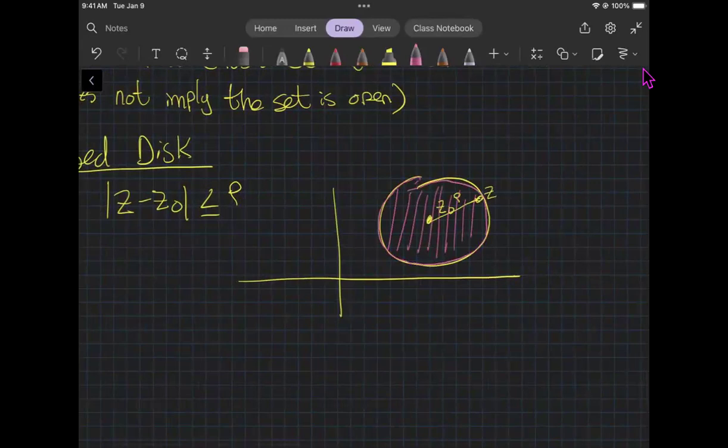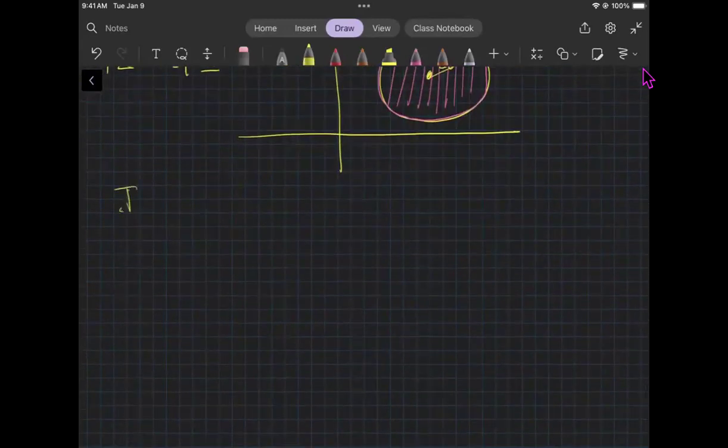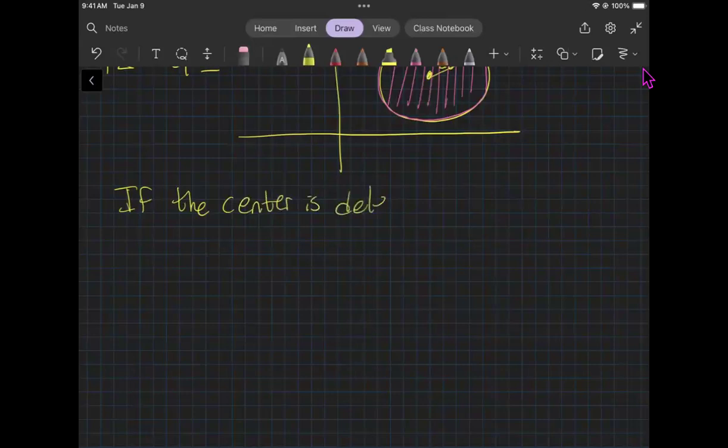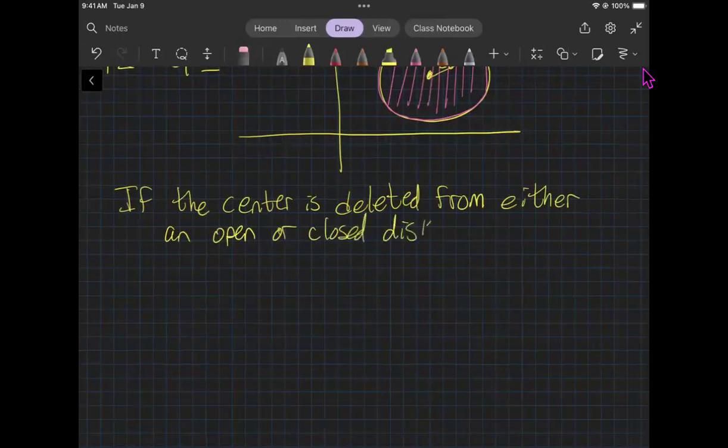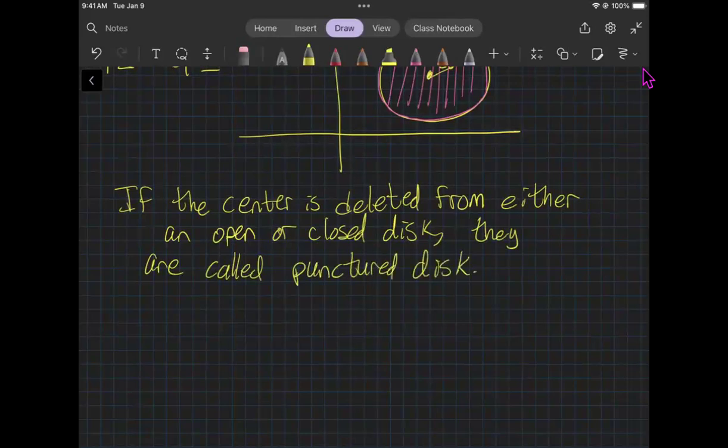If there's another thing to point out, if the center is deleted from either an open or a closed disk, they are called a punctured disk. Okay.